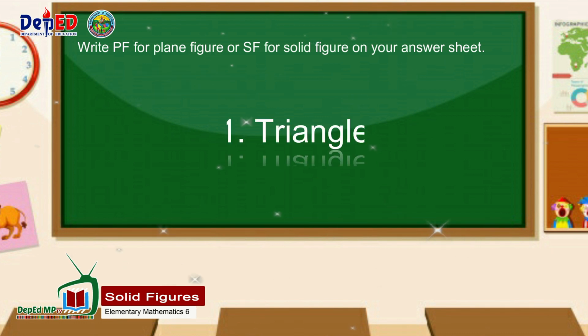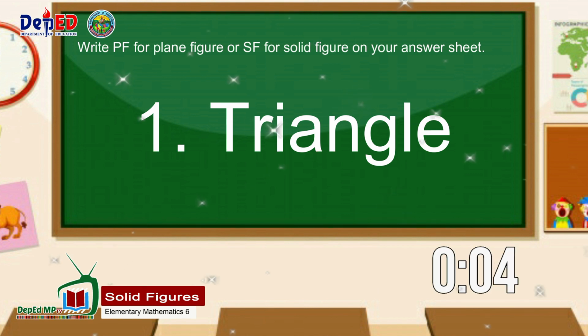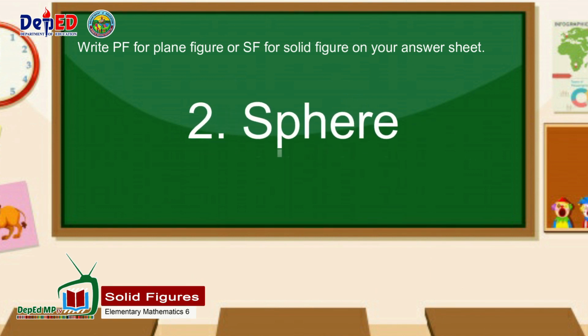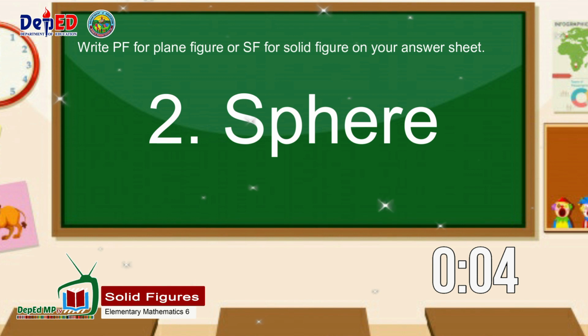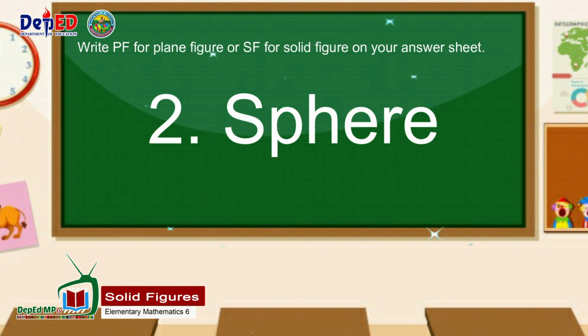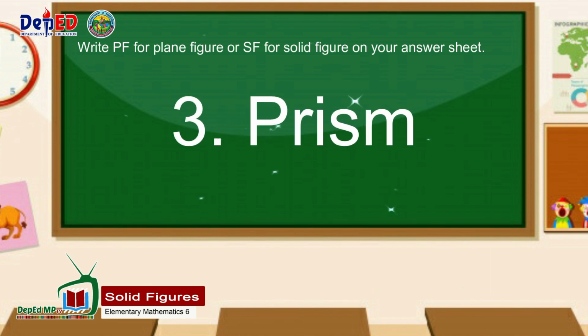Number 1, triangle. Number 2, sphere. Number 3, prism.